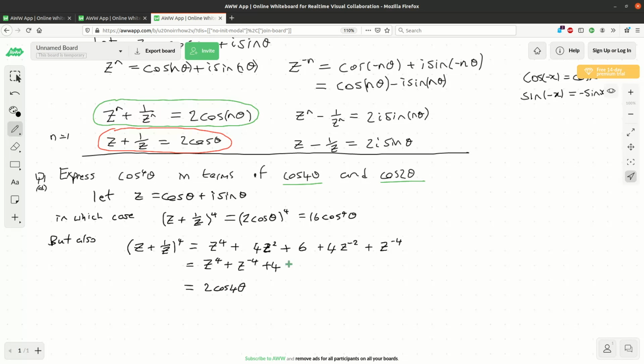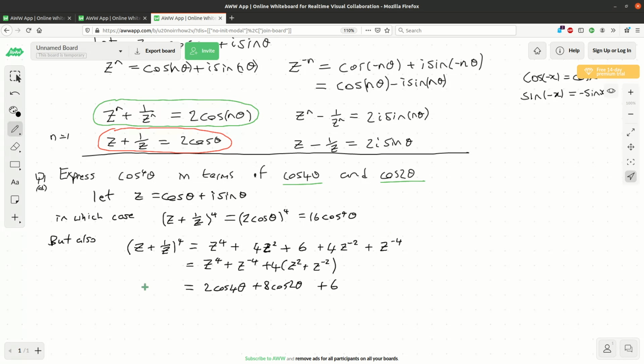Well, that's 4 times 2 cos 2 theta, which is 8 cos 2 theta. And then lastly, we've got a plus 6. Now, don't forget, that is what 16 cos to the 4 theta equals.